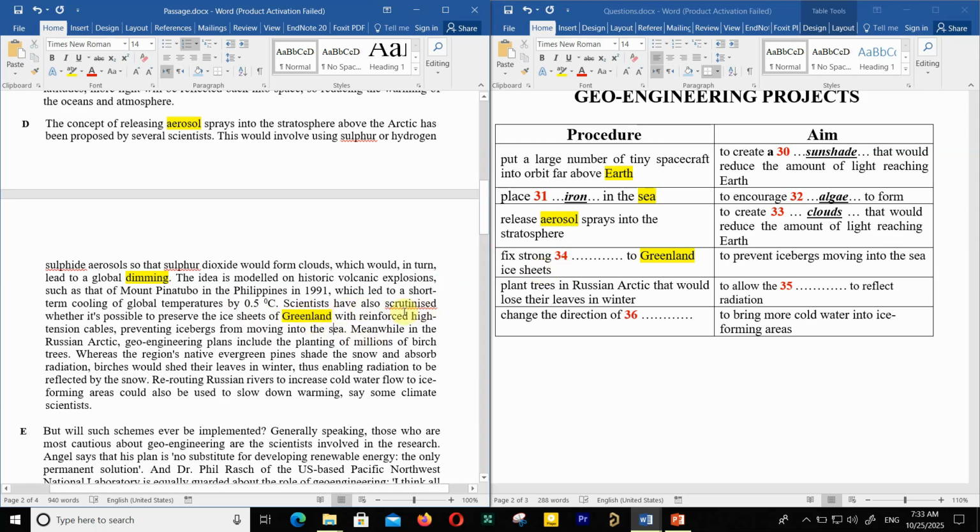Scientists have also scrutinized whether it's possible to preserve the ice sheets of Greenland with reinforced, strong, high tension cables, reinforced high tension cables. Fix strong cables.